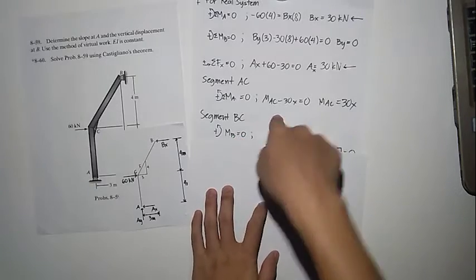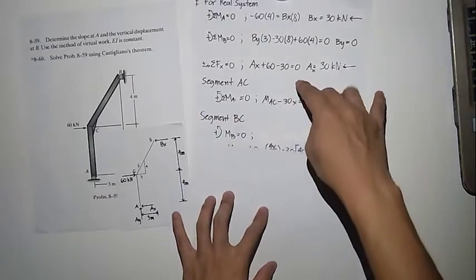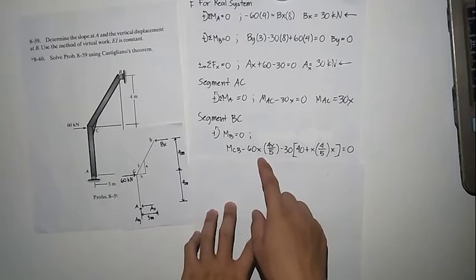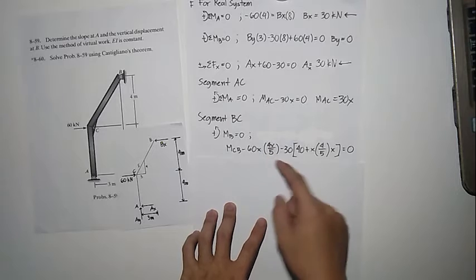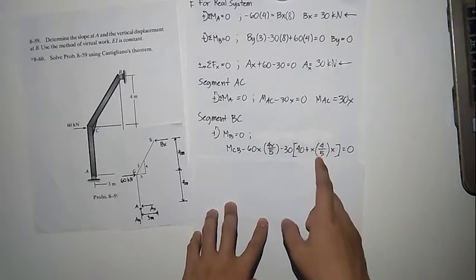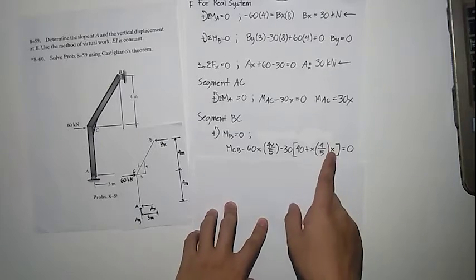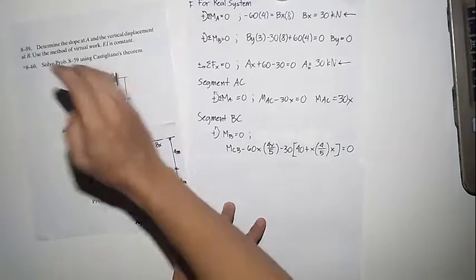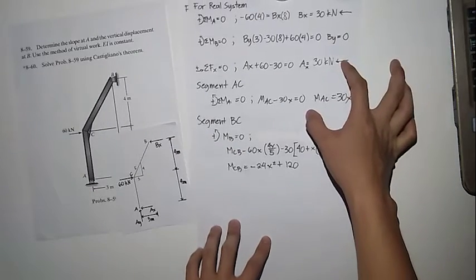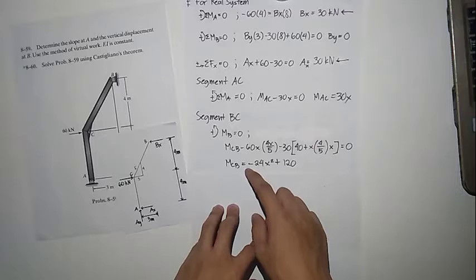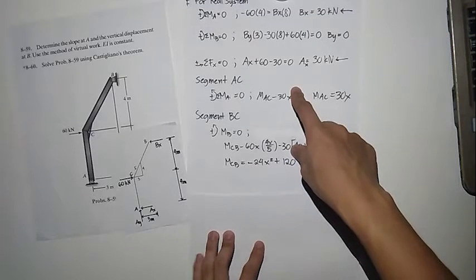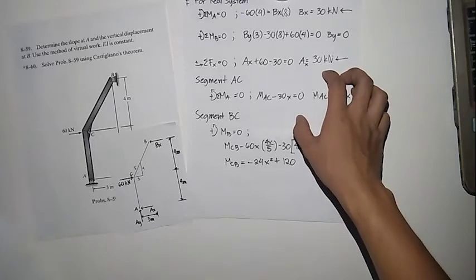Magka-cut po tayo in between ng C. So, ito na po ang kalalabasan. 60x times 4x over 5 minus 30 times 40 plus x 4 over 5 times x. Itong x po ay yung kinat po natin in between sa B at saka C. So, equals to 0. Makukuha po natin ang equation ng MCB na negative 24x squared plus 120. Yun na po ang sa real system.